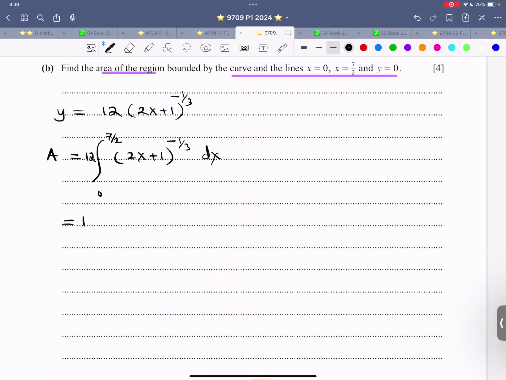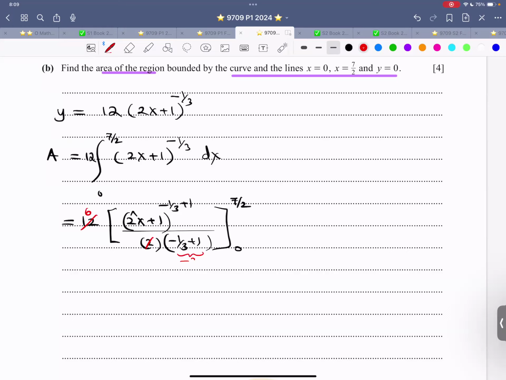Now it's an application of the chain rule. This is 12. This is (2x + 1) raised to the power of negative 1/3 plus 1. Increase the power by 1. Derivative of the bracket is 2. Plus a constant of integration. There is no use because the limits make it cancel off. Now, first of all, this 2 and this thing will cancel. 6 is left.